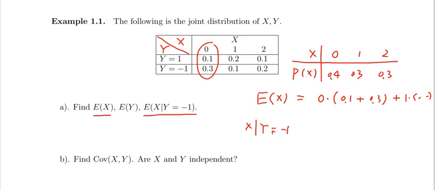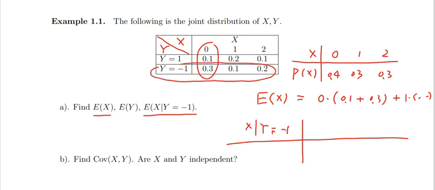What is this distribution? We just focus on this part, y equal -1. So x still can be 0, 1, 2, and their probabilities are the same: 0.3, 0.1, 0.2.